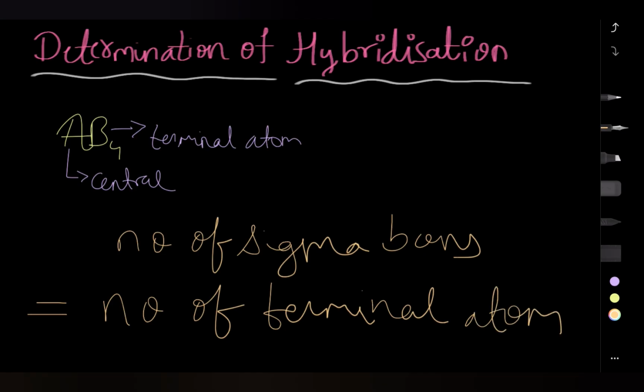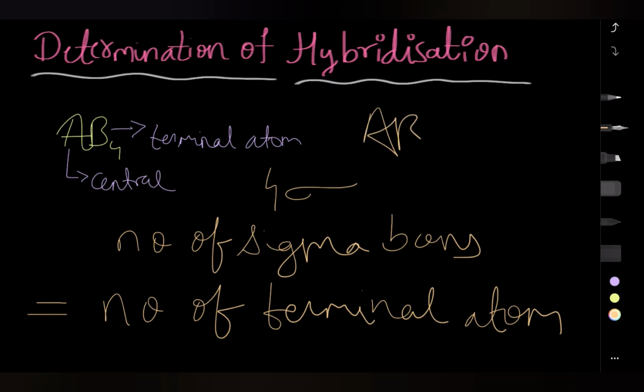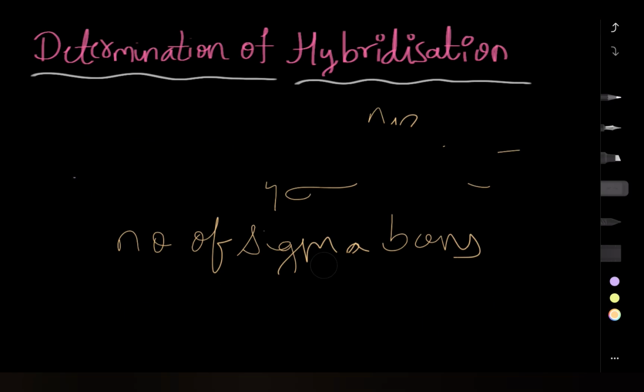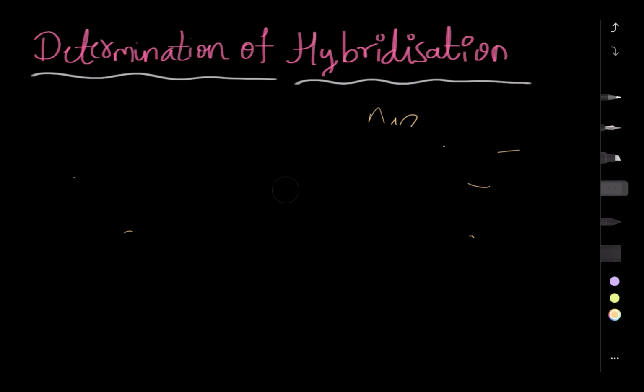So in AB4 we have 4 sigma bonds. If I take AB5, it has 5 sigma bonds. That is the concept of sigma, one of the pre-concepts of determination of hybridization.